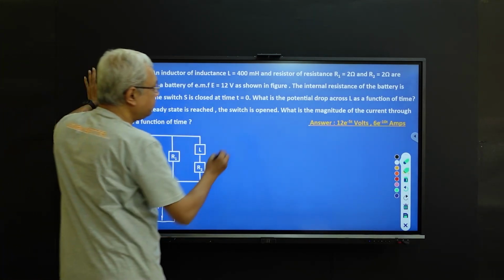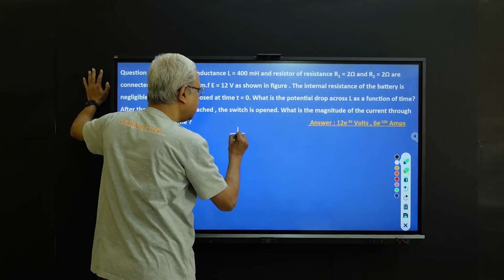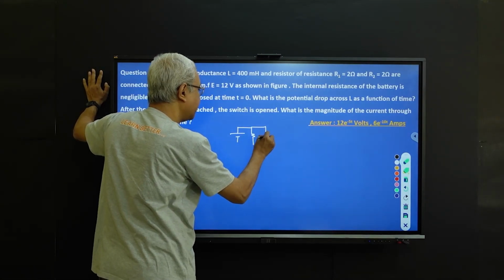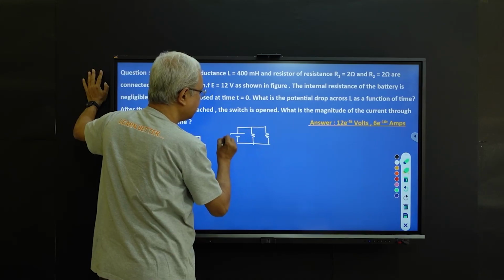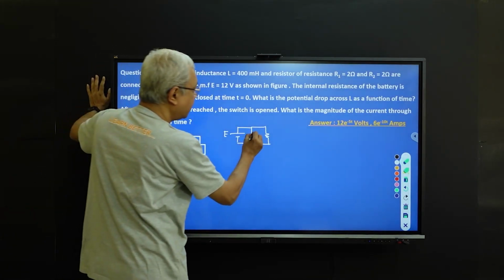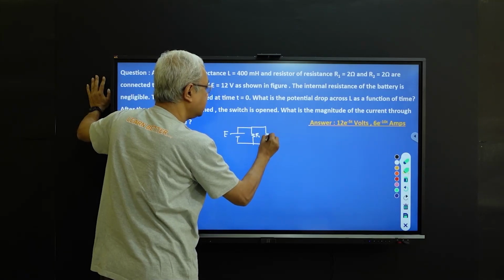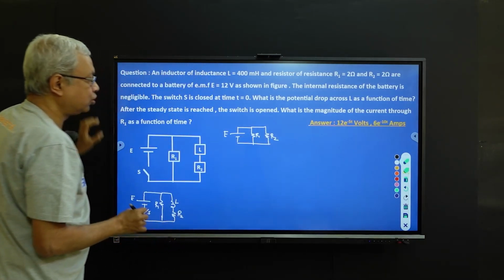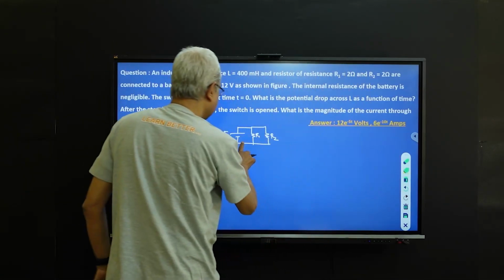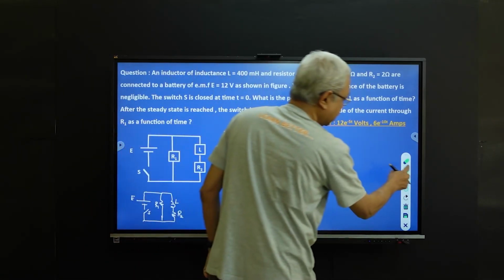Now you see, if it is a simple circuit like this, only involving resistance, then what happens? It is a battery of EMF E, R1 is a resistance, R2 is another resistance.